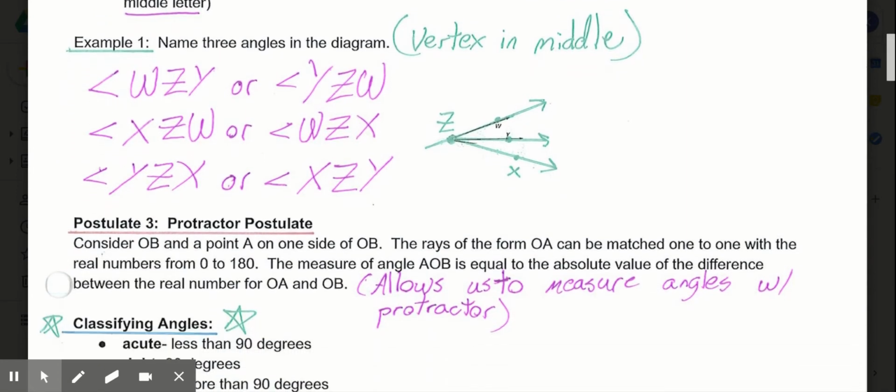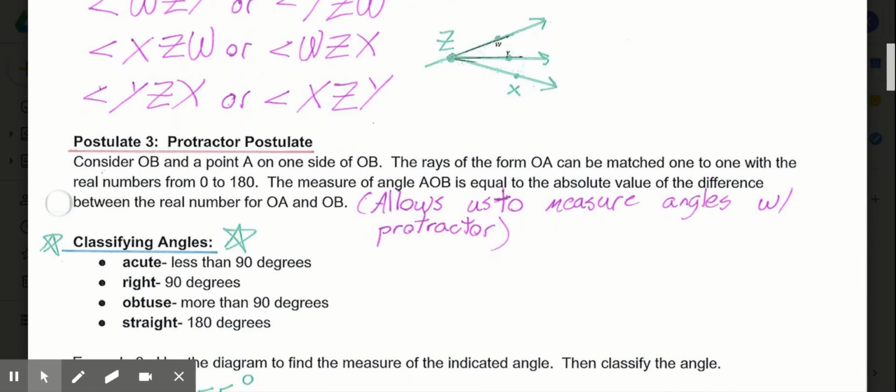Then we're going to look at the first time we're using a postulate this year. And we'll get more into postulates, but postulates, what you want to think of, are basically rules of geometry, things that we accept as true and things that work every time in geometry. So postulate 3 of geometry is simply known as the protractor postulate. Now, this gets a bit confusing, but I tried to summarize it at the end.